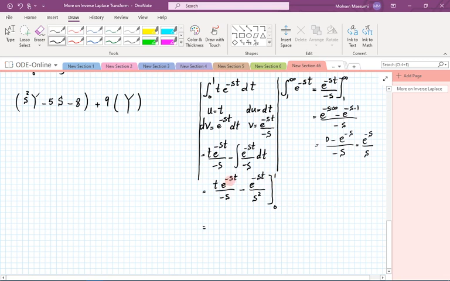So at 1 I get exponential of minus s over minus s, minus exponential of minus s over s squared. At 0 this becomes minus 1 over s squared, which when I subtract becomes plus 1 over s squared.